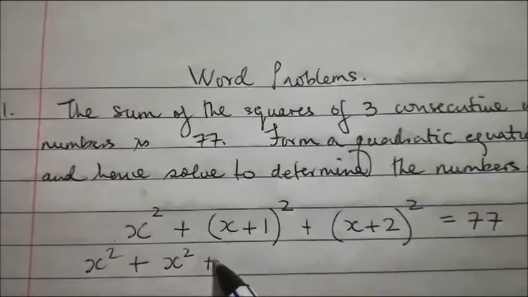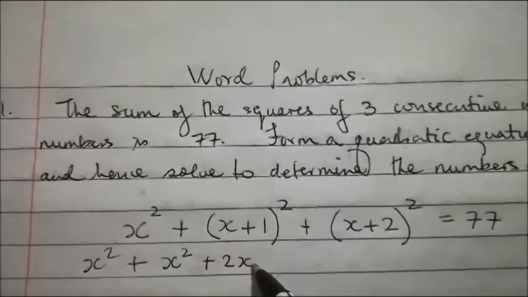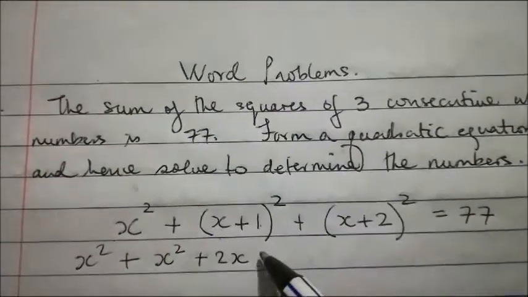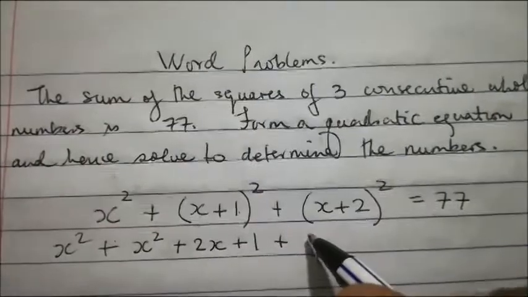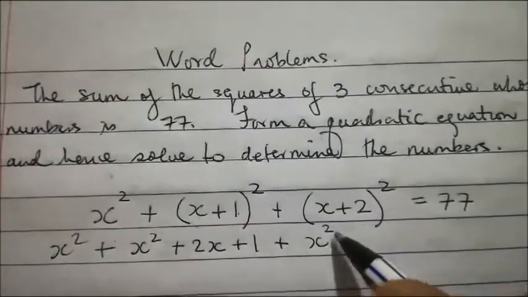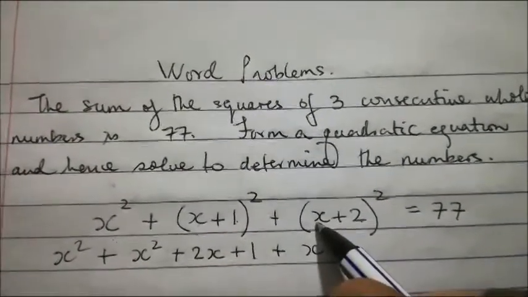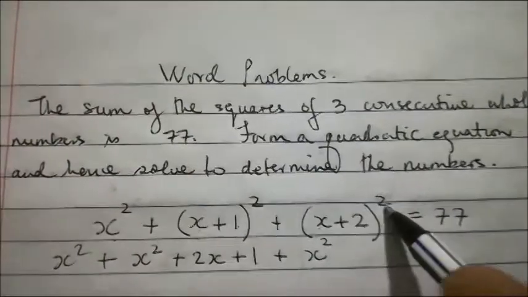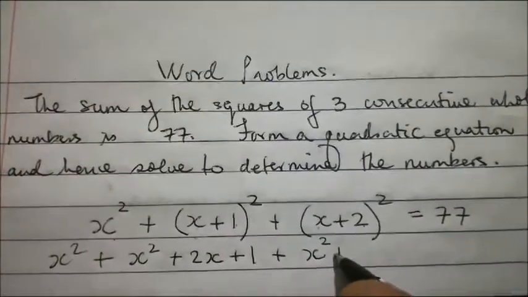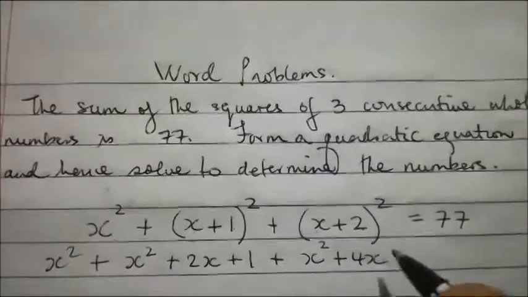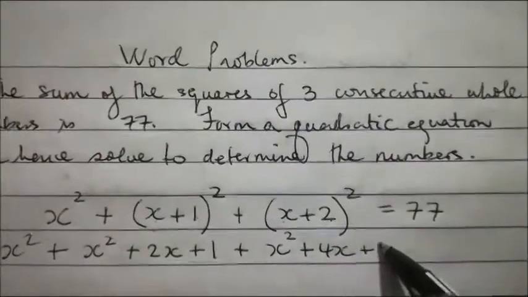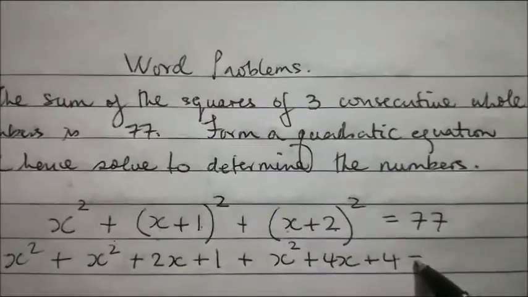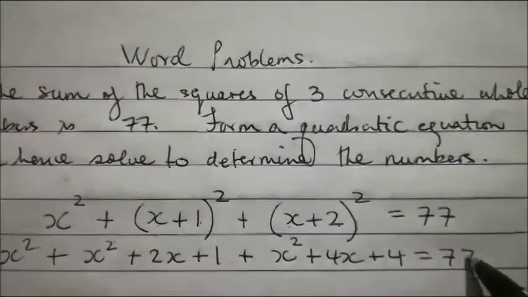So the middle term becomes 2x for this expansion, and 1 by itself is 1. The next bracket now is going to be x squared again. 2 times x is 2x multiplied by 2. That's 4x for the middle term. And the end term becomes 4. 2 times 2 is equal to 4. And that is still equal to 77.